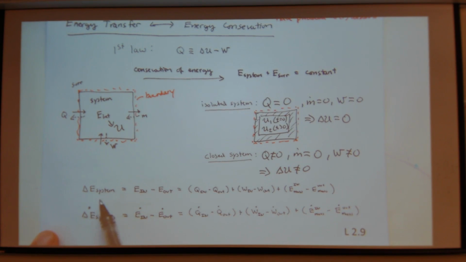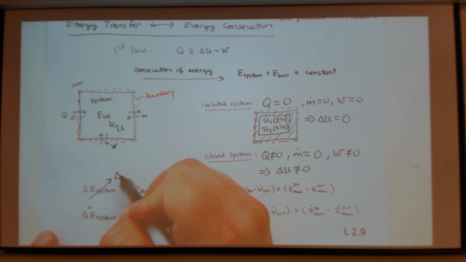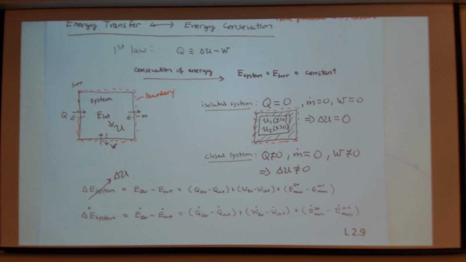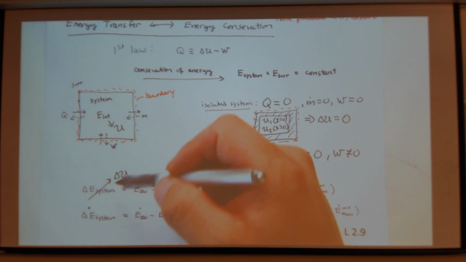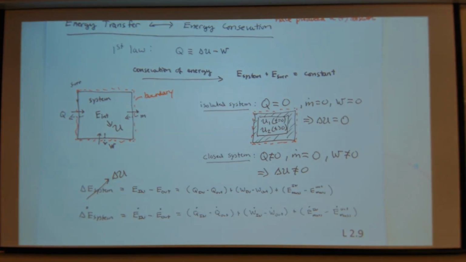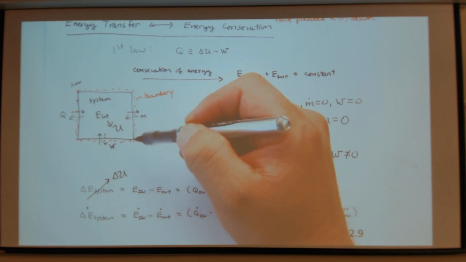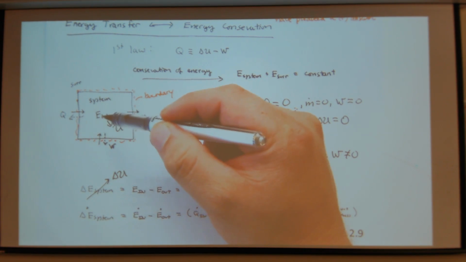So just a long-winded way to write it out, the change in energy in my system, which I could also write as delta U, right? My system is everything inside the boundary. So given that I have a boundary, everything inside is internal.